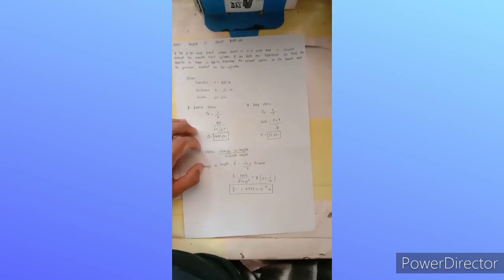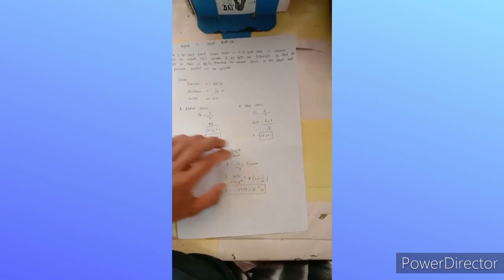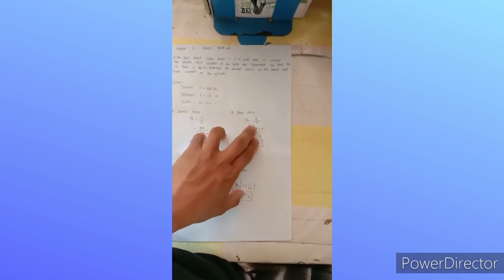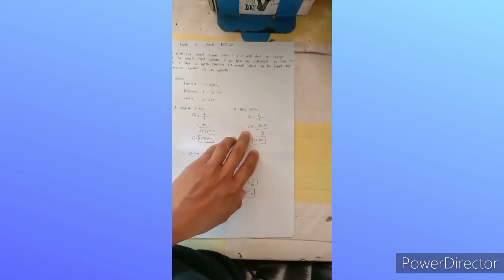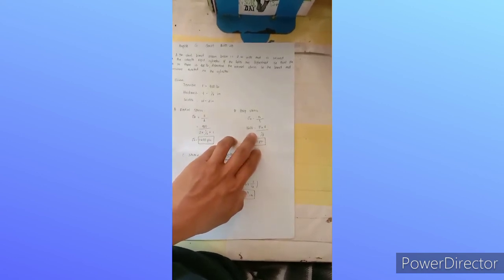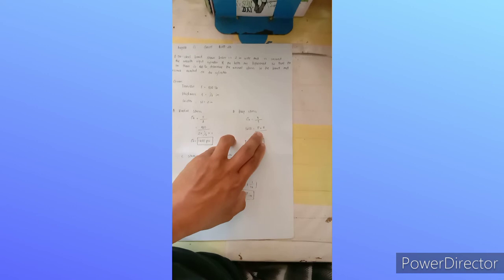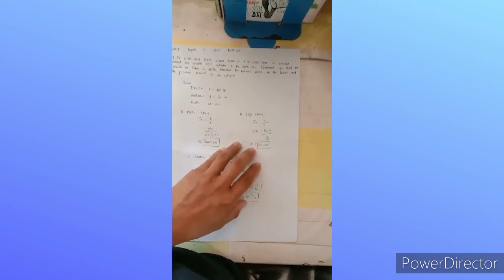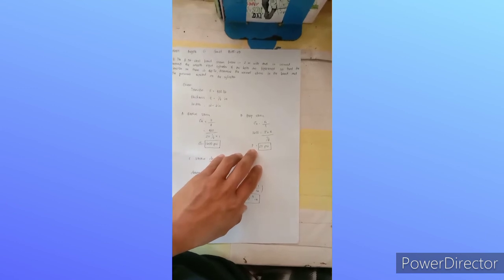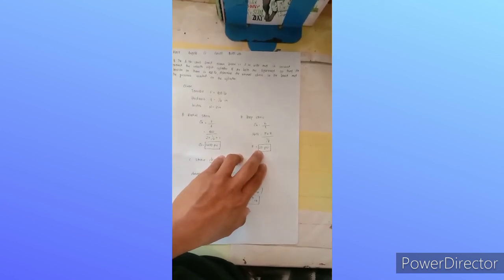So for B, our hoop stress is equals to PR all over T. 1,600 is equals to P times 8 all over 1 all over 8. So P, our pressure, is equals to 25 psi.